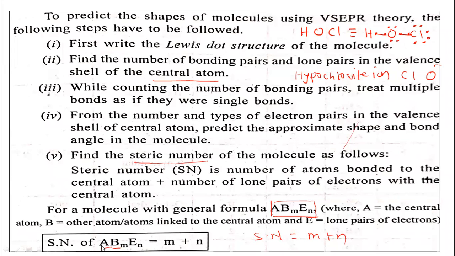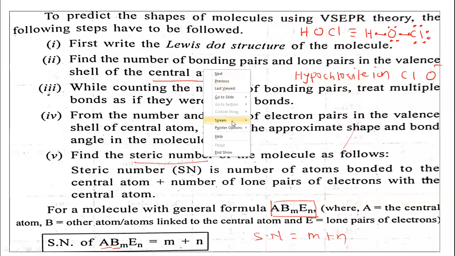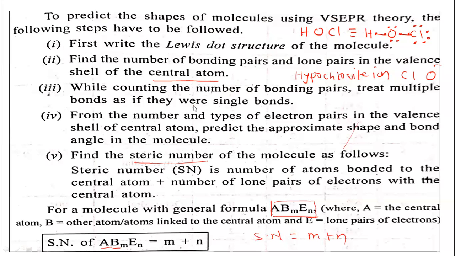So in ABmEn, m is the number of these other atoms attached to the central atom, and n is the number of lone pairs of electrons, where E represents the lone pair of electrons. So steric number is equal to m plus n. Let us take a few examples to find out the steric number.